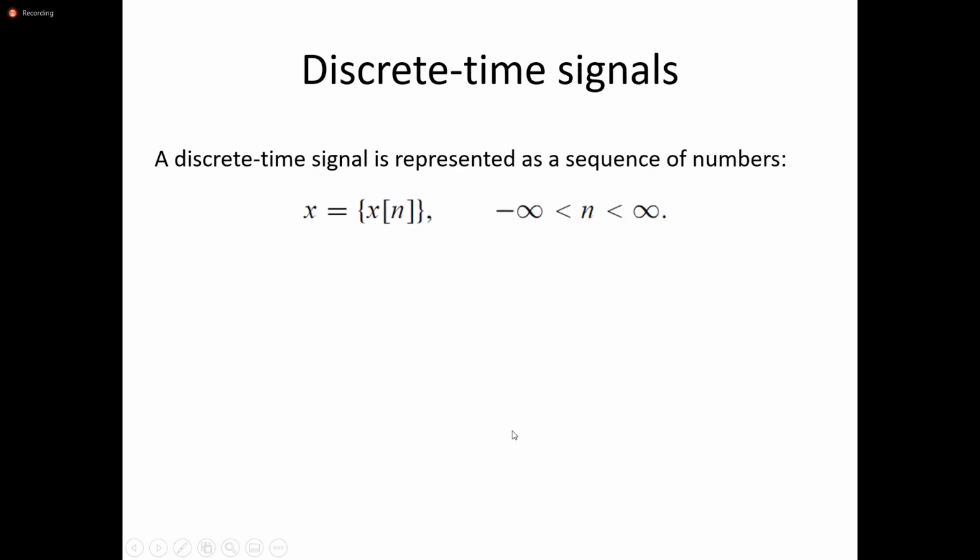So our discrete time signal will be represented as a sequence of numbers. Here is the first form of notation. Our signal is represented by x. We may just refer to it as x, but it is really a sequence.